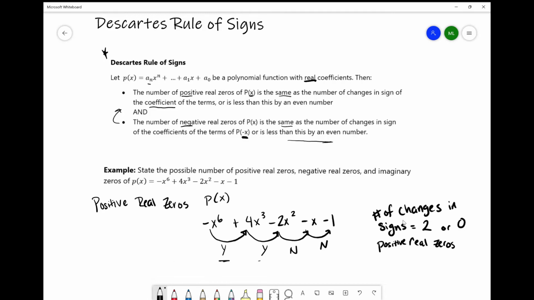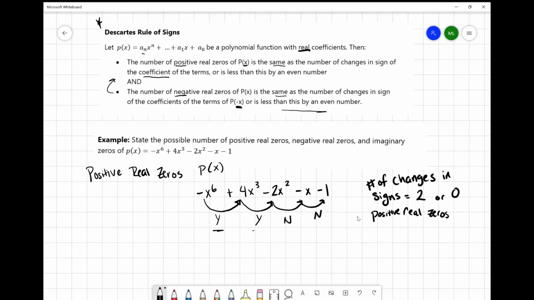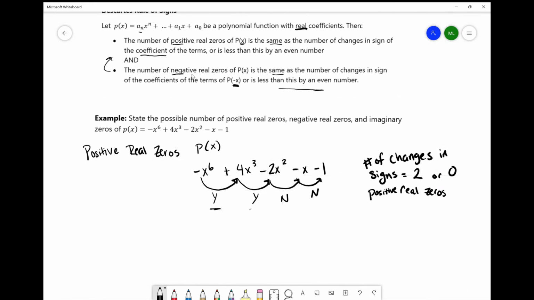Now, if I scooch this down a little bit more, let's figure out the negative real zeros. To figure out the negatives, let's write negative real zeros. It's going to be p of negative x. Now I'm going to do it for the polynomial at negative x.